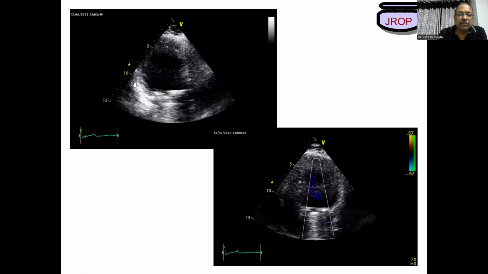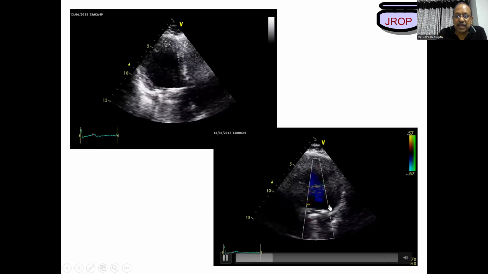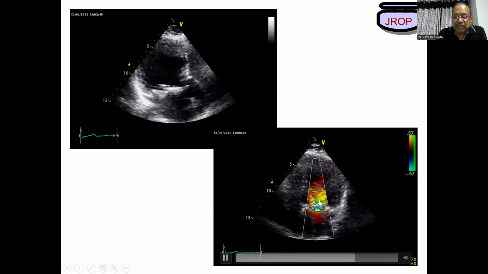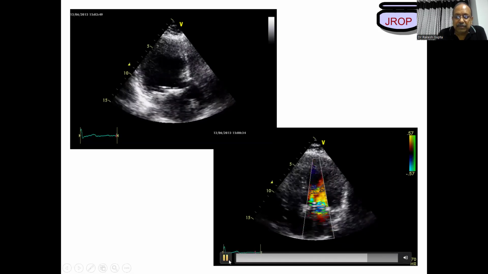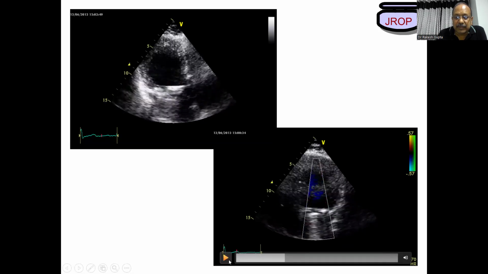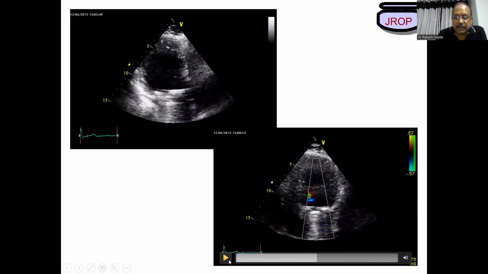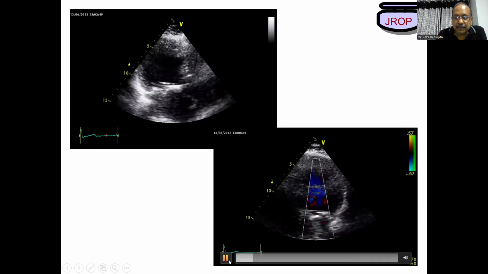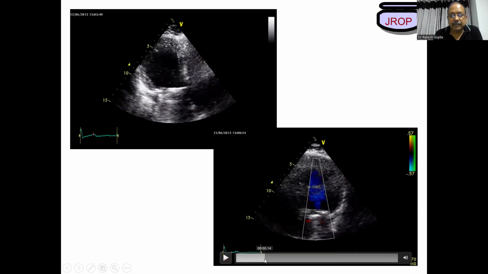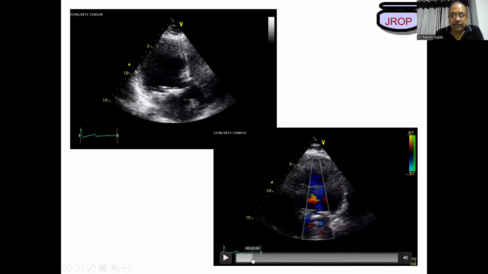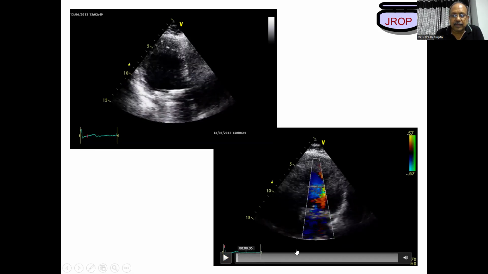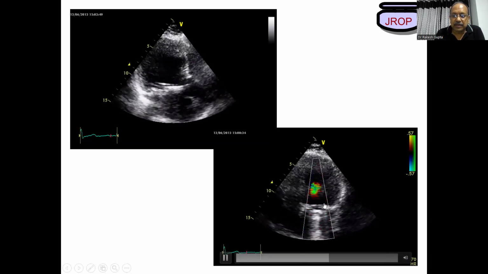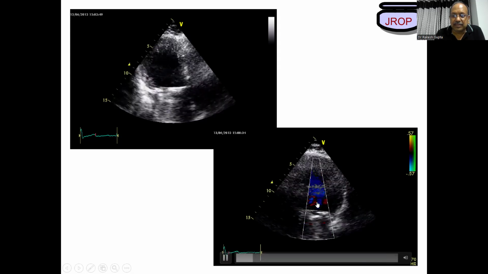Next, we look at a Doppler flow. If you look very carefully, we have 3 Doppler spectrums in this patient. Let me freeze that. One is over here, second is over here, and third is in between.